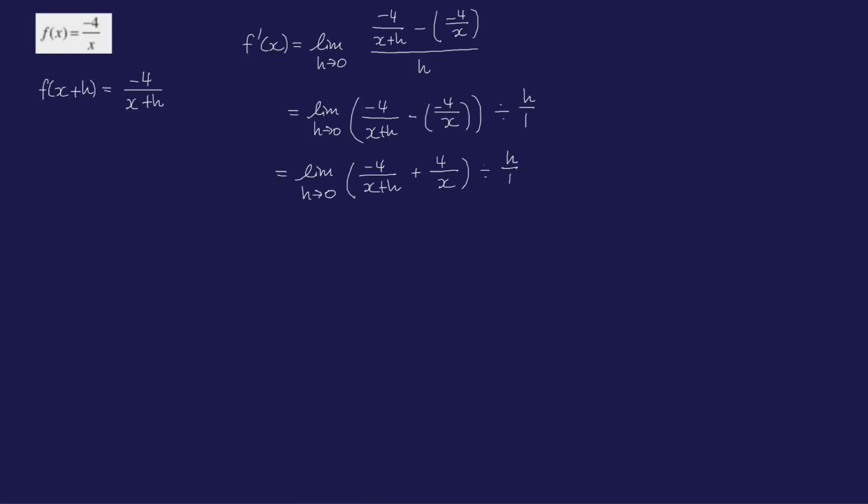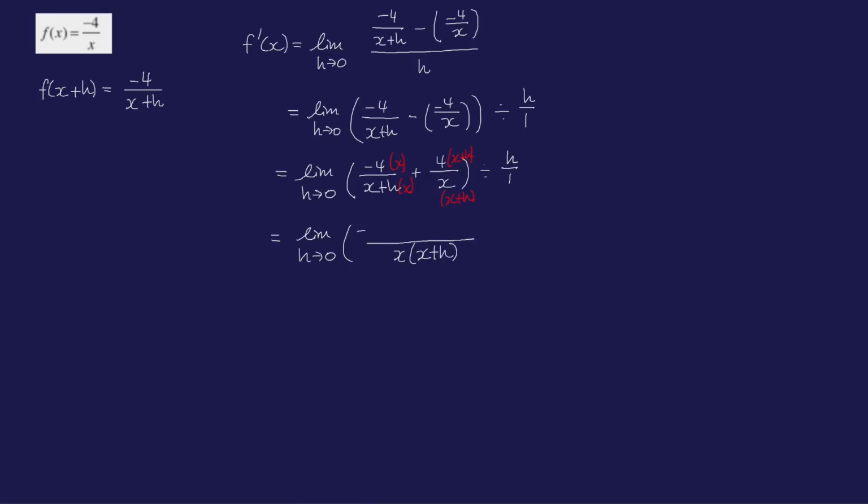Now we need to get an LCD here, so the limit as h approaches 0. And so the LCD here, I'm going to multiply this side by x plus h. So this will be multiplied by x plus h. This will be multiplied by x. And so this will be multiplied by x. So big denominator, x into x plus h.